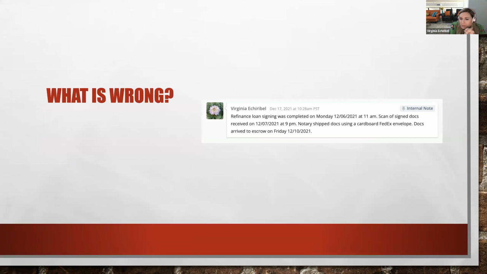Refinance loan signing was completed on Monday, December 6th, 2021 at 11 a.m. Scan of signed docs was received on December 7th at 9 p.m. Notary shipped docs using a cardboard FedEx envelope. Docs arrived to escrow Friday, December 10th. So what happened here? What is the matter on this one? There's a few things that really were kind of no good.